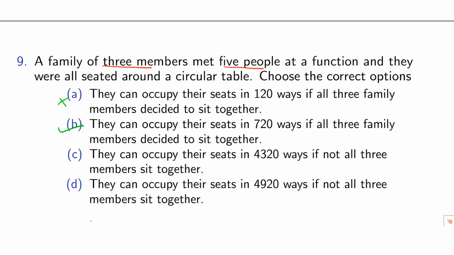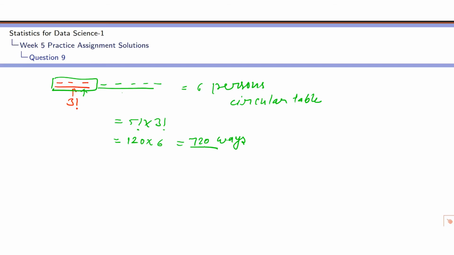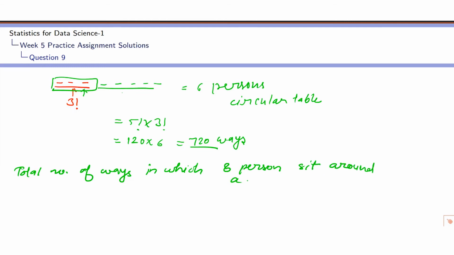For options C and D, they can occupy their seats in 4320 ways if not all 3 members sit together. So here we have counted the number of ways where all the family members decide to sit together. If we consider the total number of ways in which 8 persons sit around a circular table, that will be 7 factorial ways, that will be 5040.